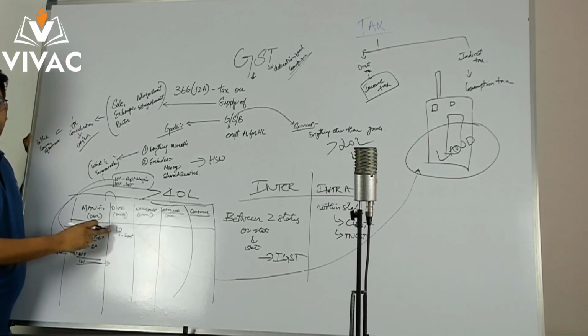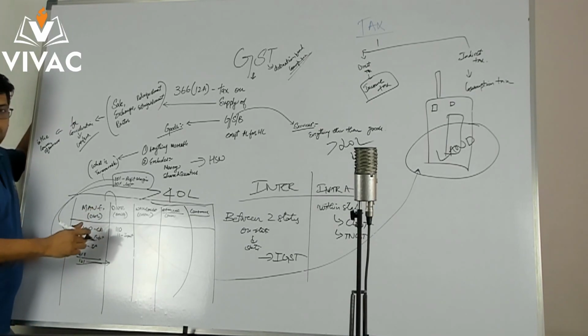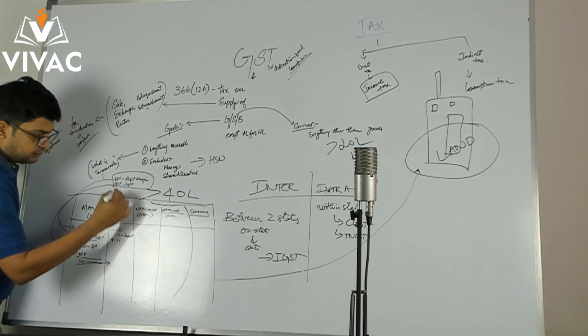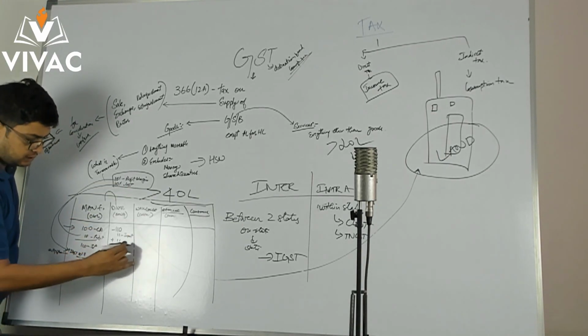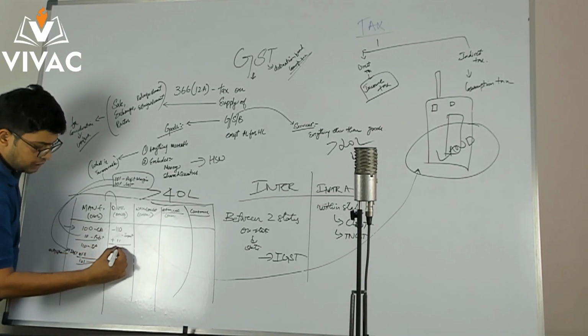What is his cost of material? For the distributor, the cost is 110. On 110, he will add his profit margin of 10%. The input GST will not be considered in cost. So 121.